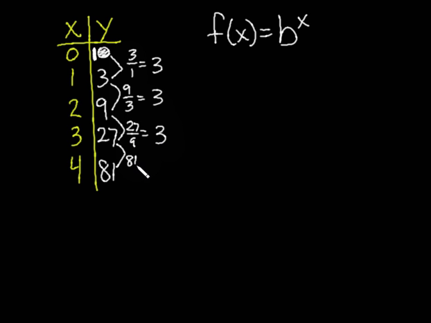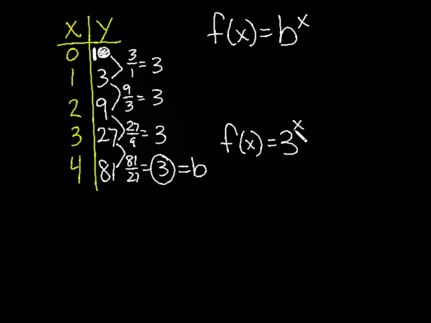And then 81 divided by 27, you guessed it, is 3. All right, so this constant ratio of change, this is what the b is. So our function for this is 3 to the power of x.